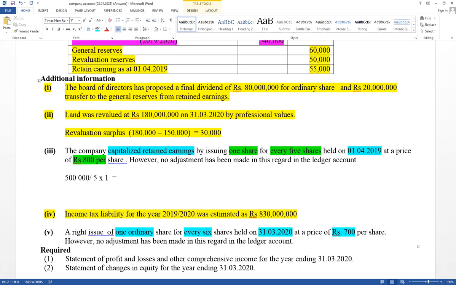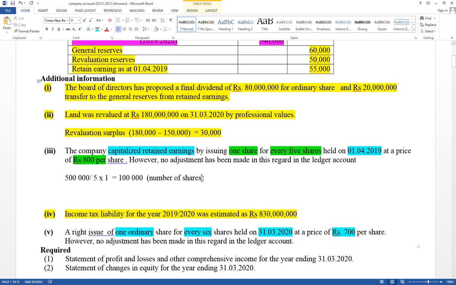This is the number of shares issued as reserves capitalization. This is the number of shares. You have to calculate value.